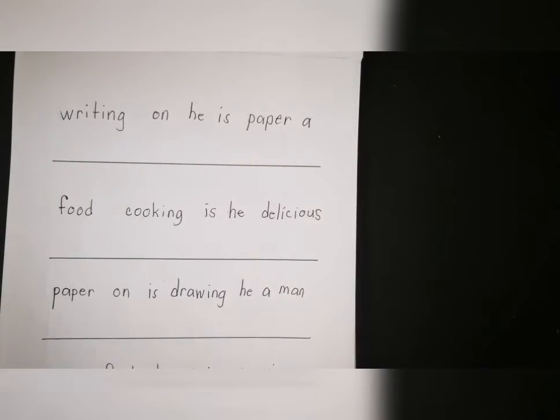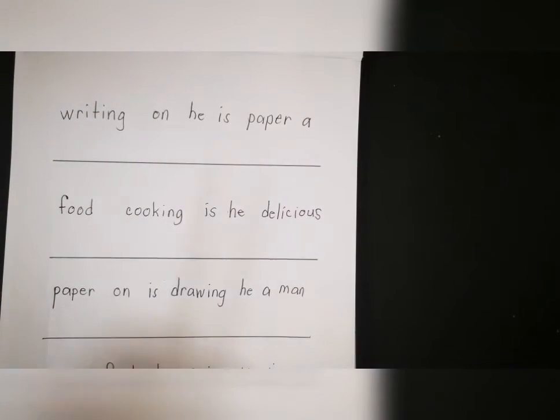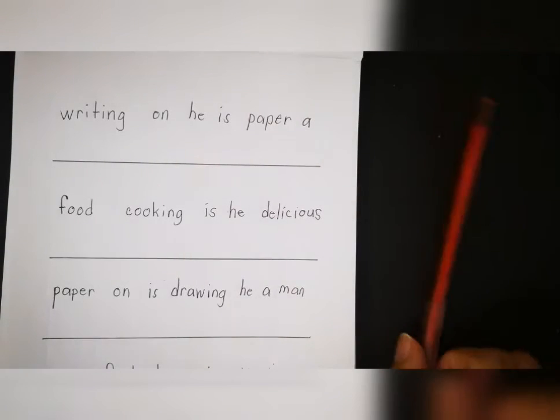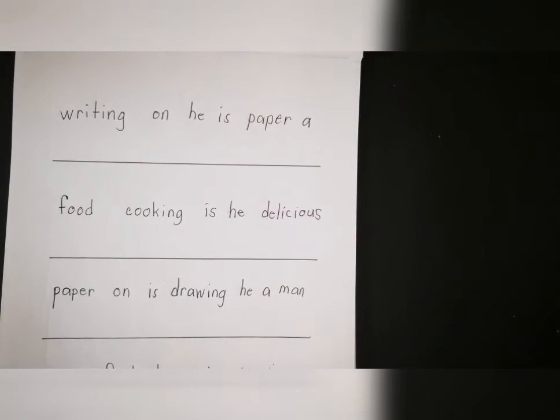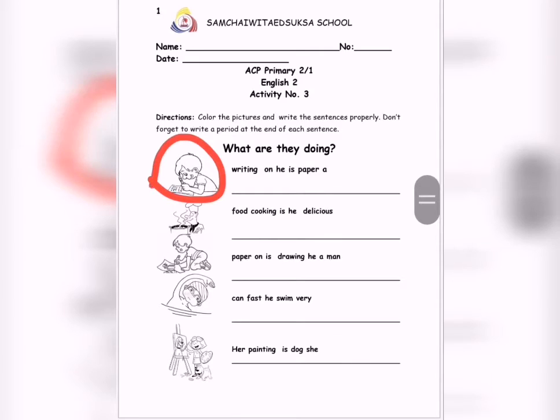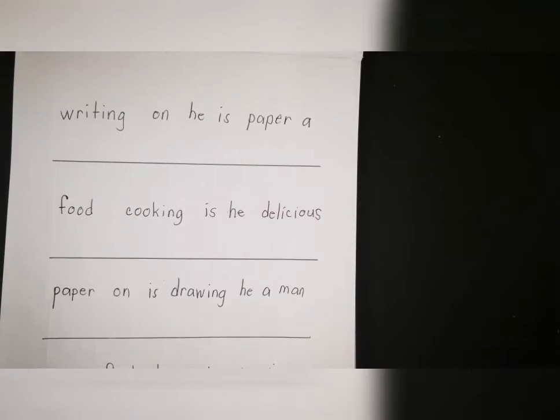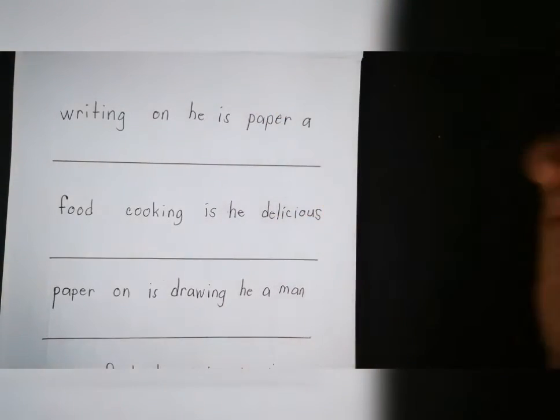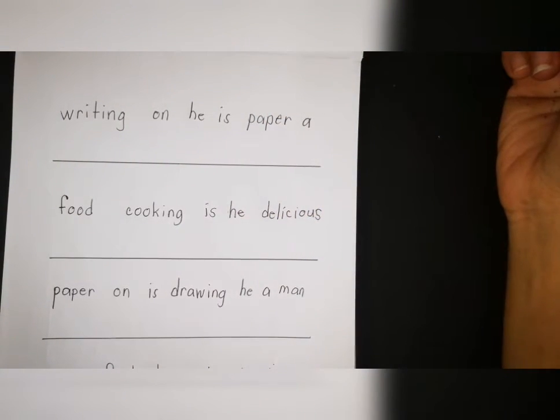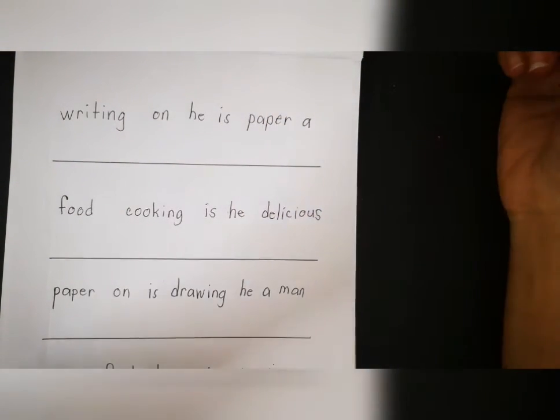So, here we have activity number 3, and I wrote it on a different paper so you can see it clearly. I will be using my red pen to write the number. Let's start with the first picture. What is the boy doing in the picture? Since he is a boy, we will be using the pronoun he.